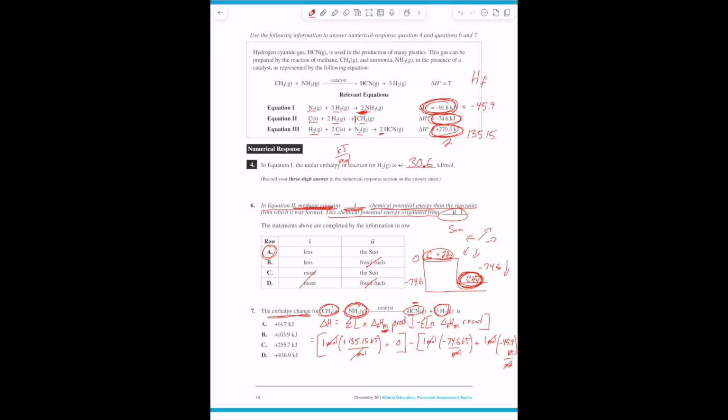Close my bracket. Okay. Apple Pencil on the edge of an iPad is hard to operate. Okay, I do the math on that, and I come out to 255.7 kilojoules, which is C. Oof, that took a long time. I can see why we all want to take shortcuts, because that was long. Anyway, that's how you do it properly.